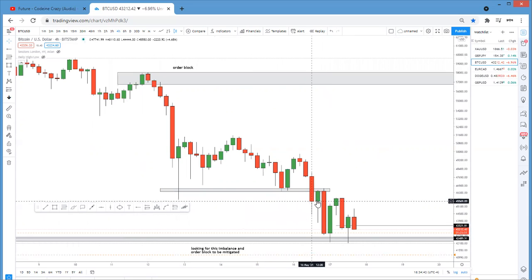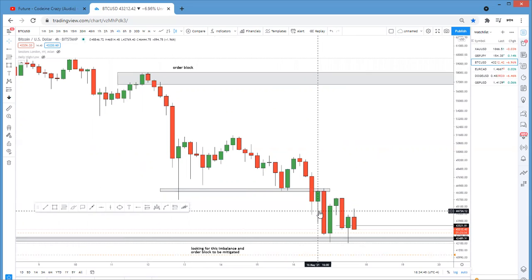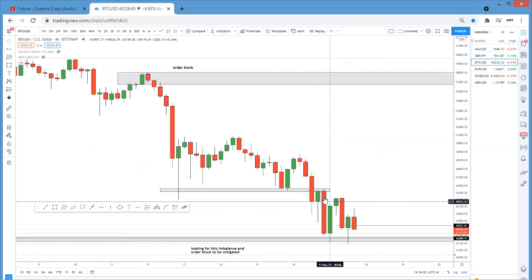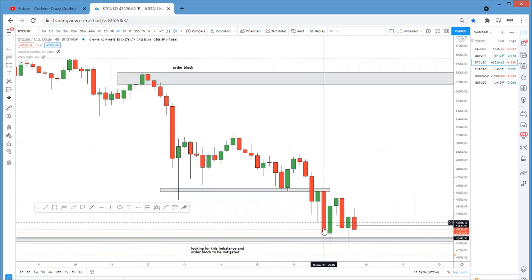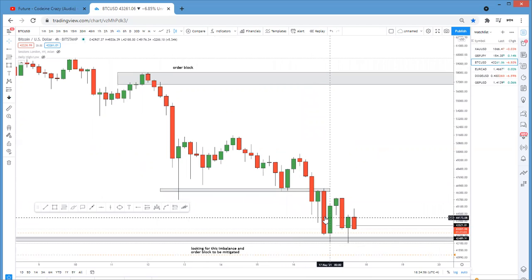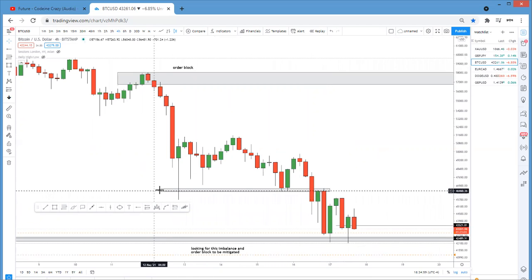This was the breakout candle. Then you had this little pin bar, or I think that's a dragonfly or whatever you want to call it, doji. Price just smashed to the downside. And right after that, you had this bullish candle right here.